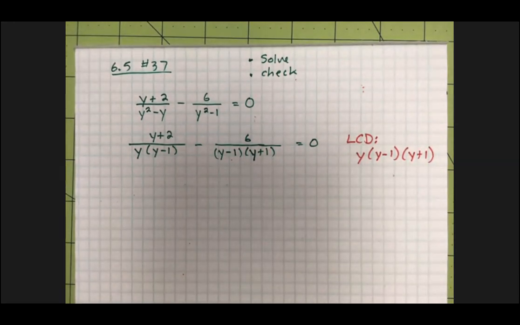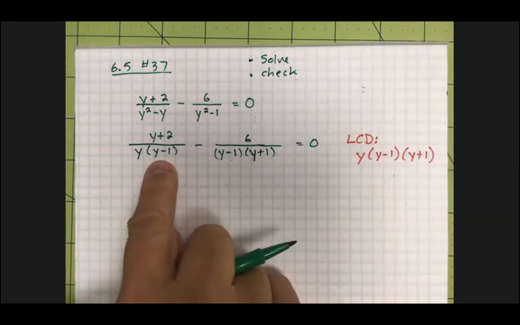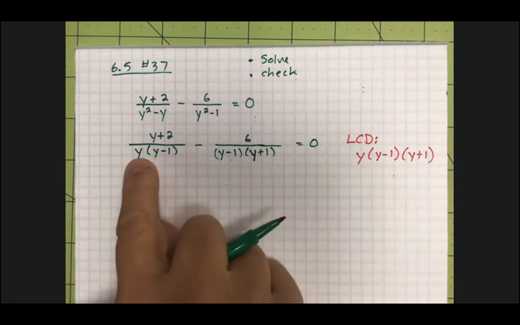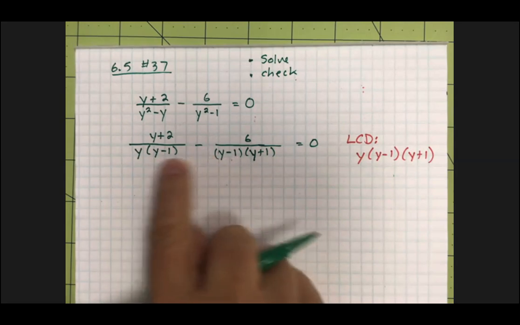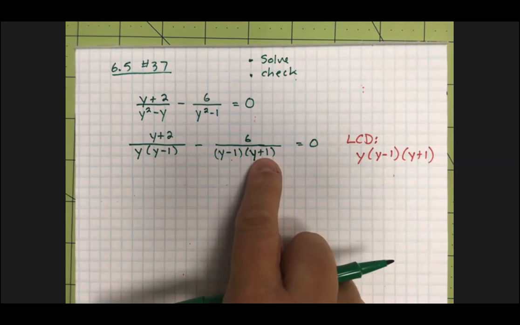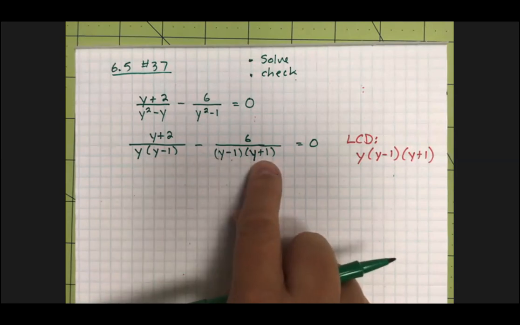And now I also know what I should check for, or what I should be nervous about, afraid of, whatever word you like to use. What values of y would cause me to divide by 0? If y was 0, I'd be in trouble. If y was 1, I'd be in trouble. If y is minus 1, even just once, nothing wrong with minus 1 in this part, but minus 1 would ruin this fraction.